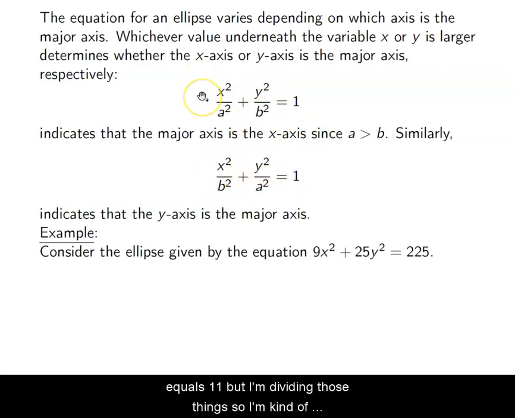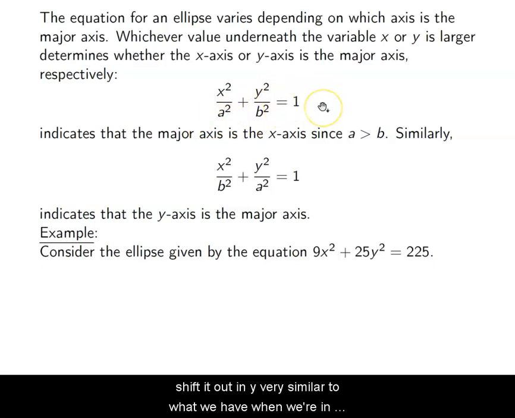So I'm kind of multiplying x squared by some constant that's 1 over something. So I'm shifting the x's and the y's to make it elongated. I'm shifting all of the x's by a certain amount to stretch it out in x, and all of the y's by a certain amount to stretch it out in y.